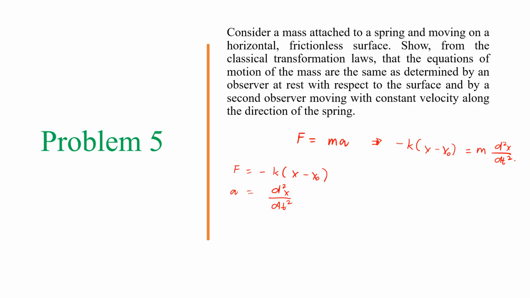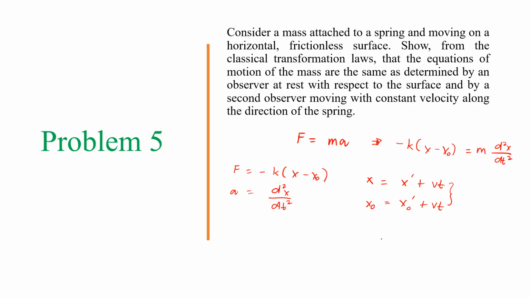Okay, now using the classical Galilean transformation, we have x is equal to x prime plus vt, and x naught is equal to x naught prime plus vt.